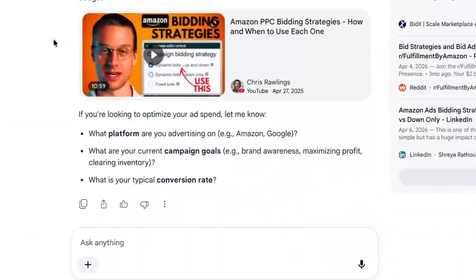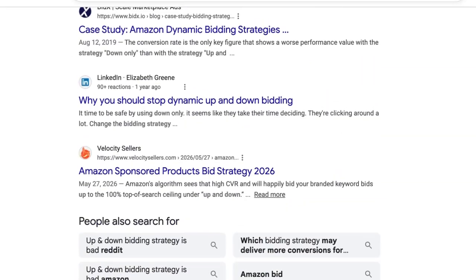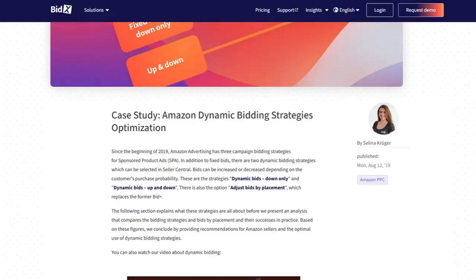However, everyone who actually worked with these ads knew it wasn't true. I don't know how they got that data. They probably did some kind of sample where perhaps that was true, but you can just look. In my own personal experience and all over the internet, up and down does not do a good job. For example, a study by BidX analyzing roughly 10,000 campaigns compared all three strategies head to head.